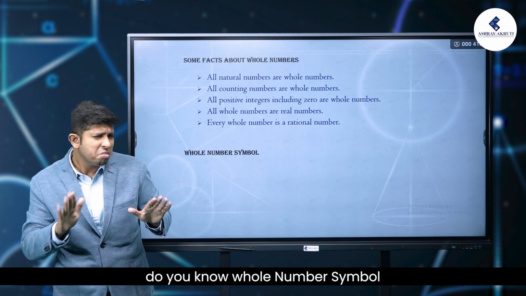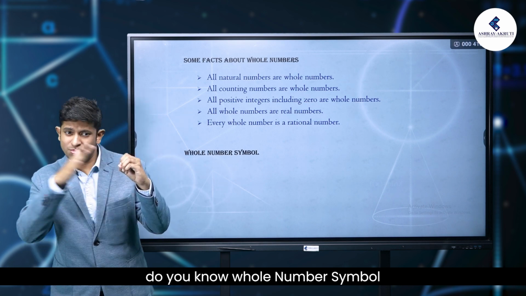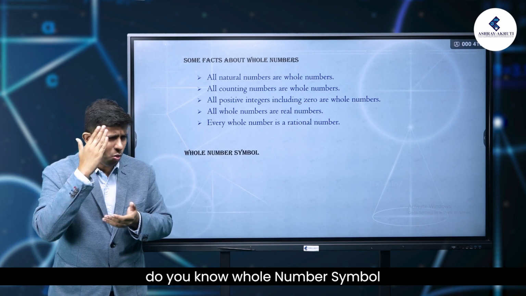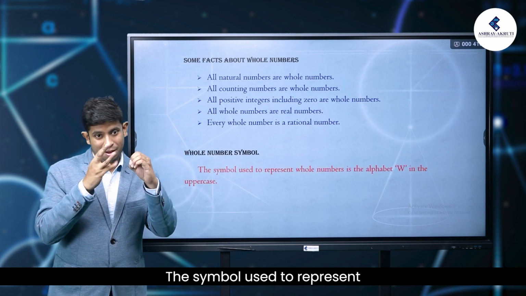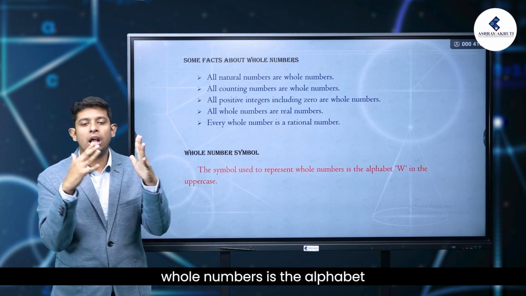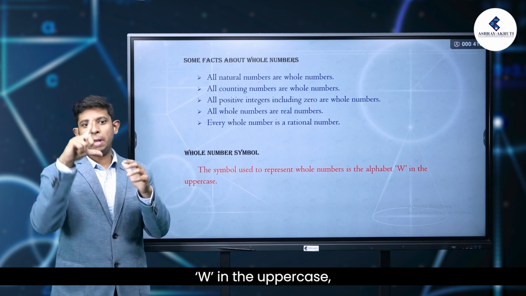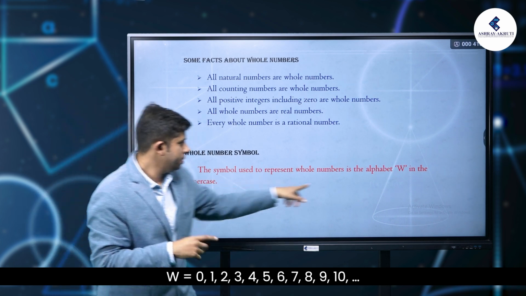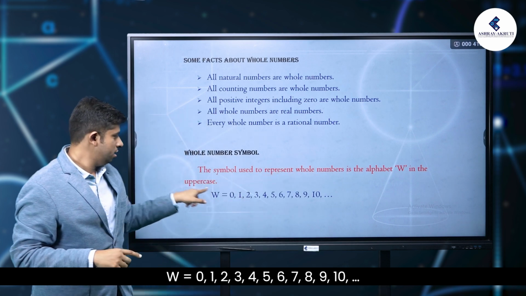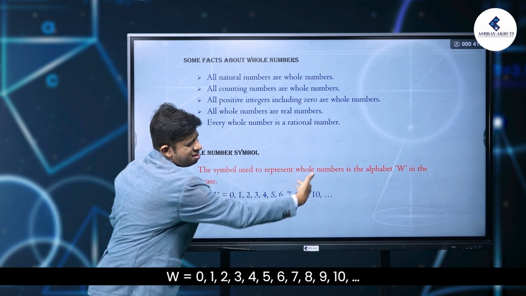Children, do you know the whole number symbol? The symbol used to represent whole numbers is the alphabet W in uppercase. W equals 0, 1, 2, 3 and so on.